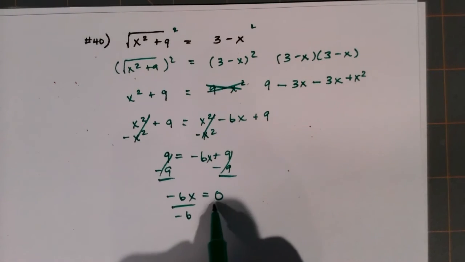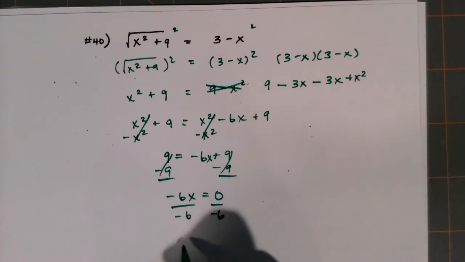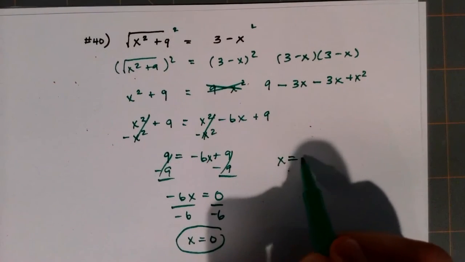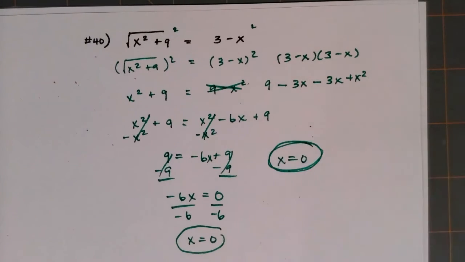Divide both sides by negative 6, and I get x equals 0. That's the answer. X equals 0. I mean, that's not terribly hard at the end. Everything else before it is crazy.